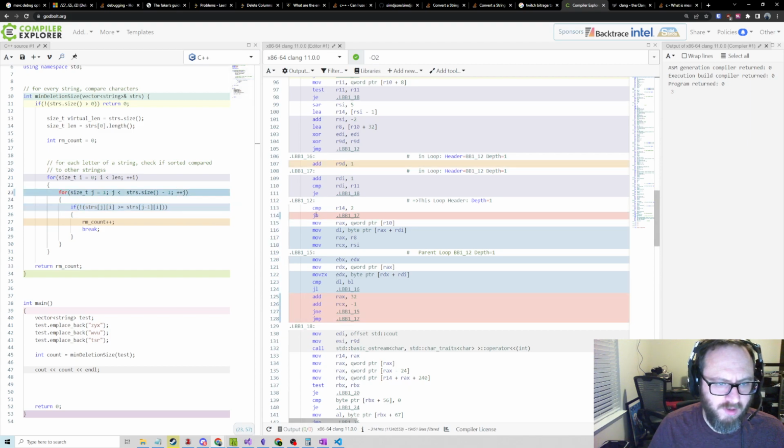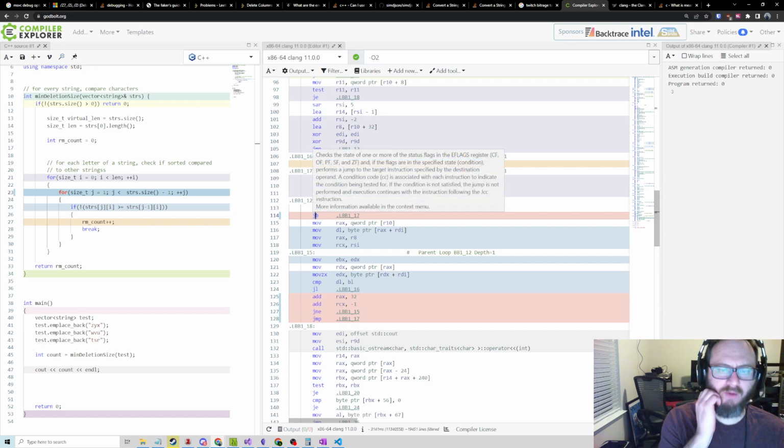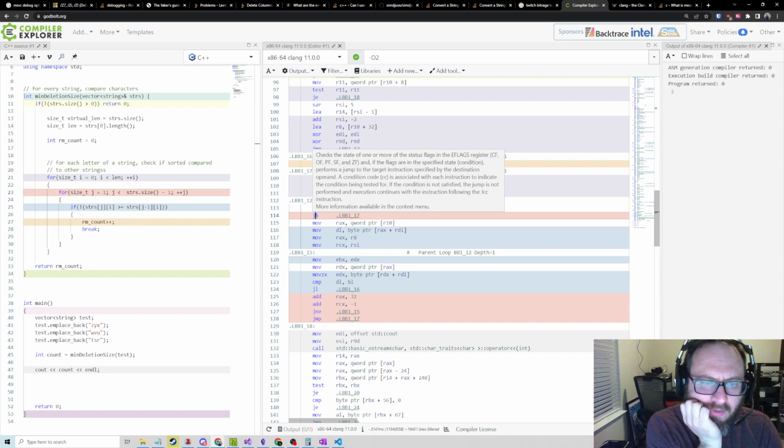So, what is JB? Oh, wow, man. Compiler Explorer is just cool. Checks the state of one or more status flags. Performs a jump to the target.